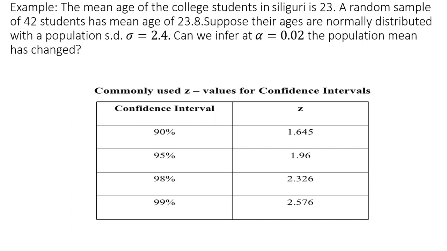When Z runs from minus 1.96 to plus 1.96, the area covered is 95%. When Z runs from minus 2.326 to plus 2.326, the area will be 98%. When Z runs from minus 2.576 to plus 2.576, the area will be 99%.